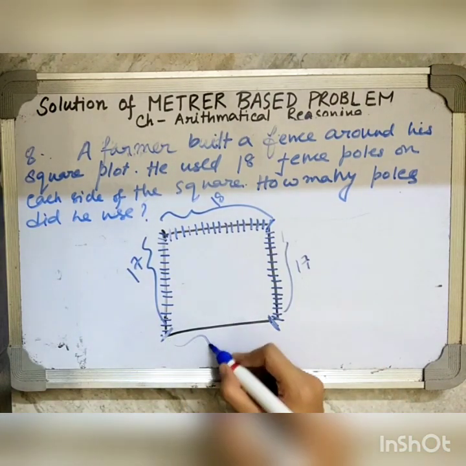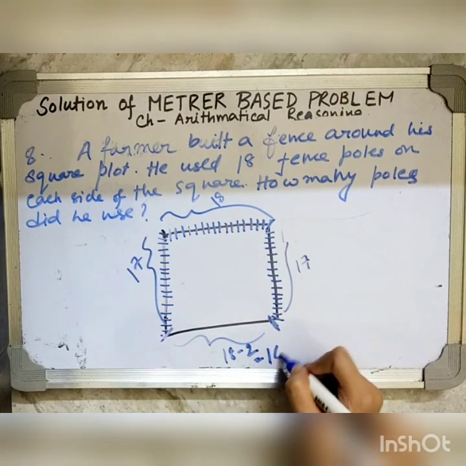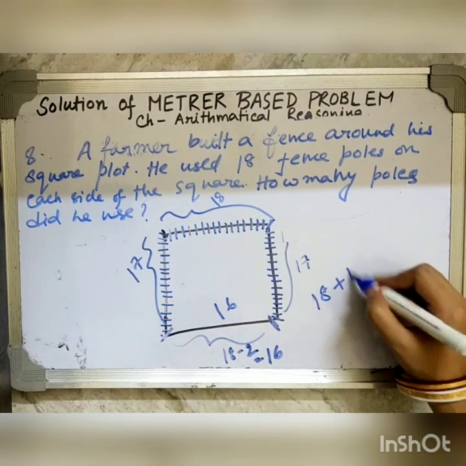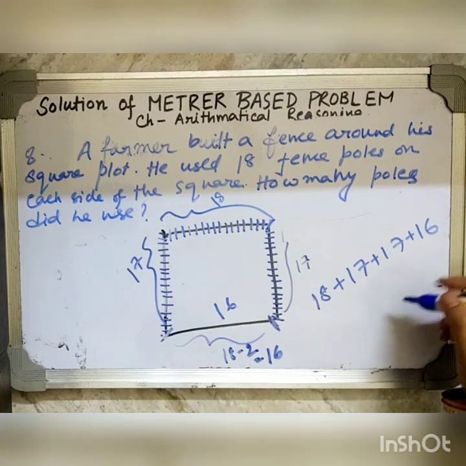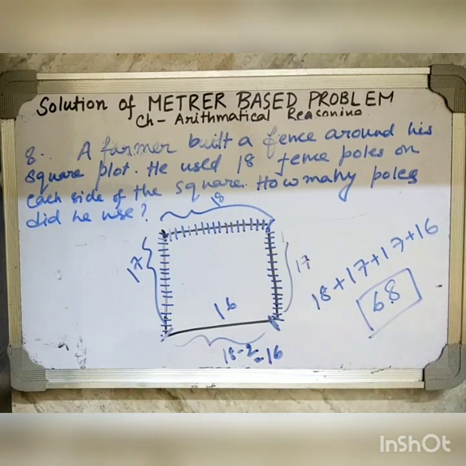So for this side we will need 18 minus 2, that is 16 poles. So the total number of poles will be 18 plus 17 plus 17 plus 16. 68 total number of poles will be needed for the fencing of the whole plot.